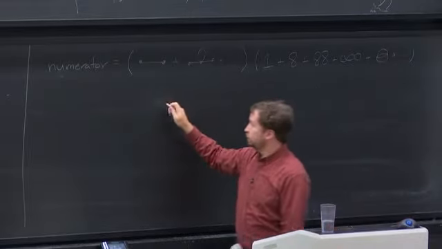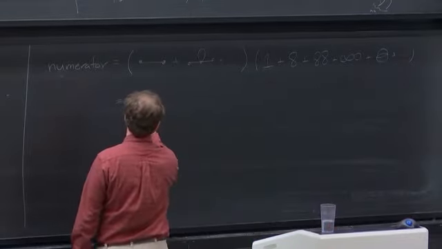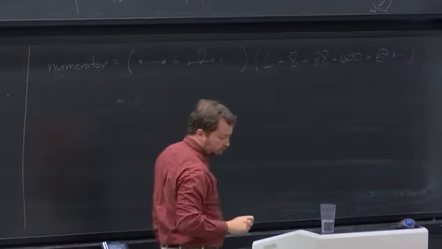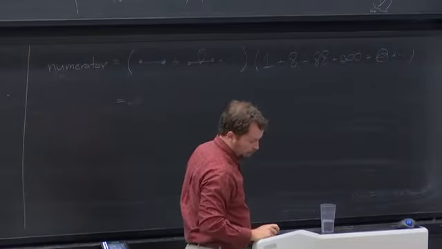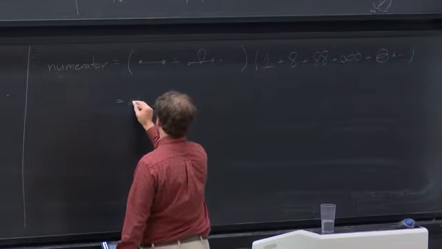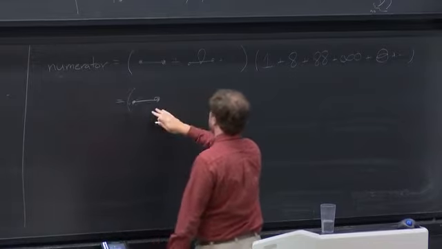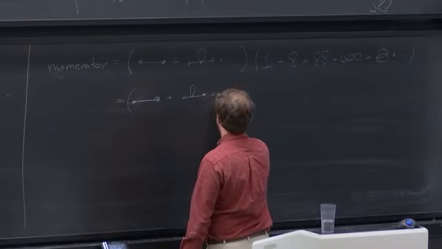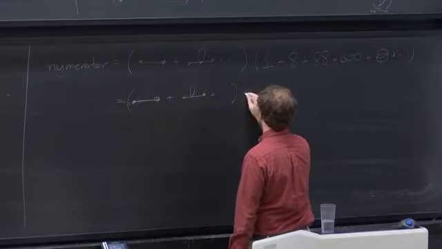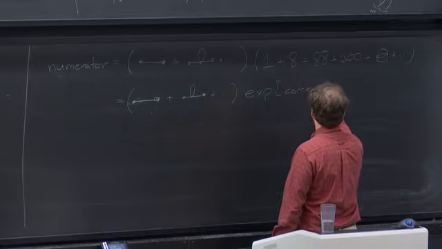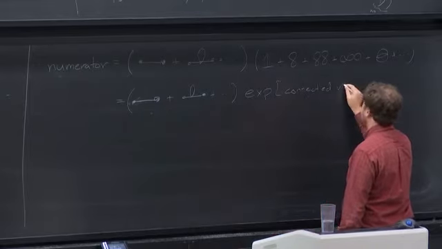So this is equal to, you can write this as the part with external points times an exponential of the connected vacuum diagrams.